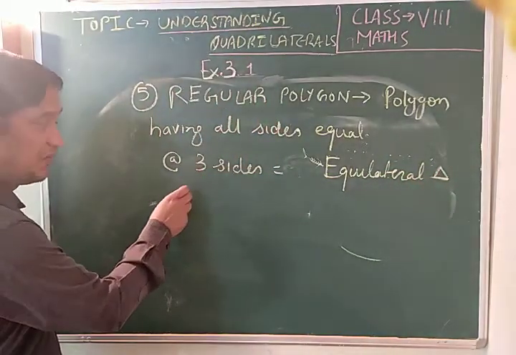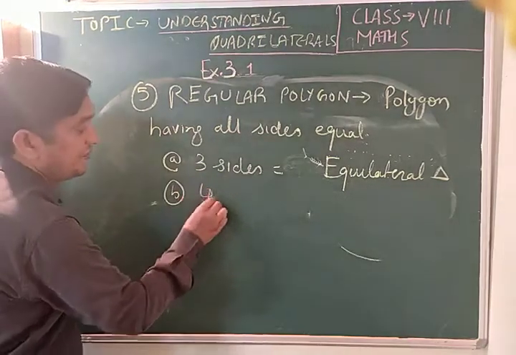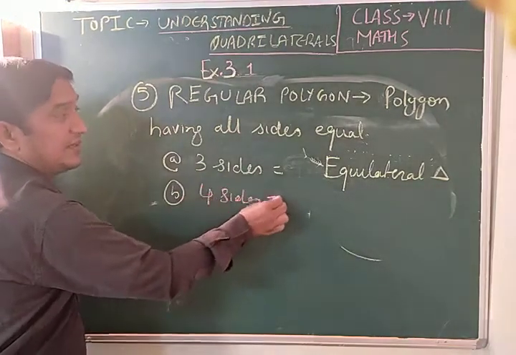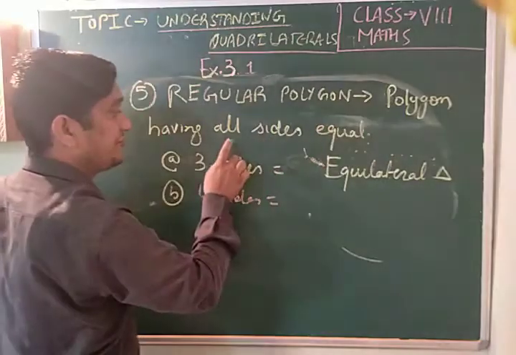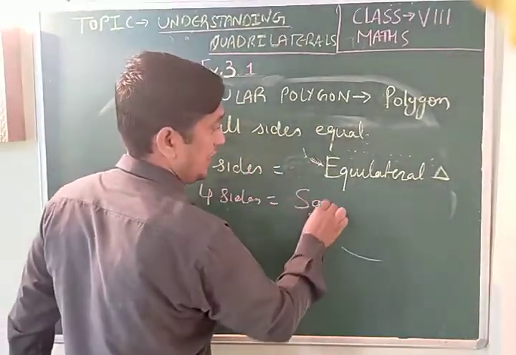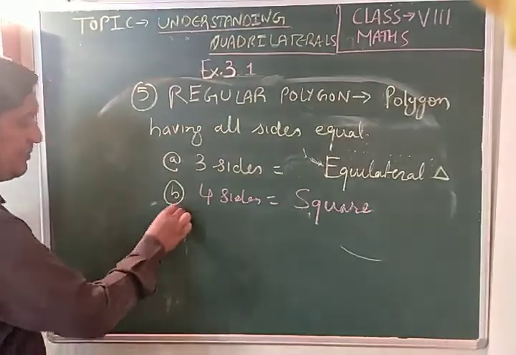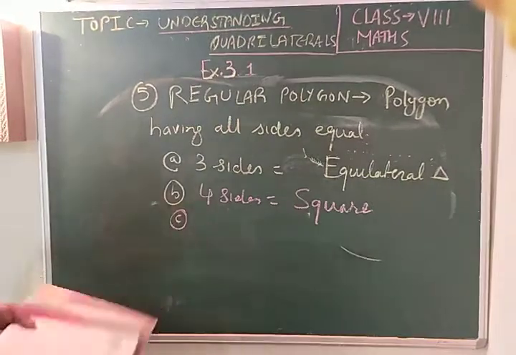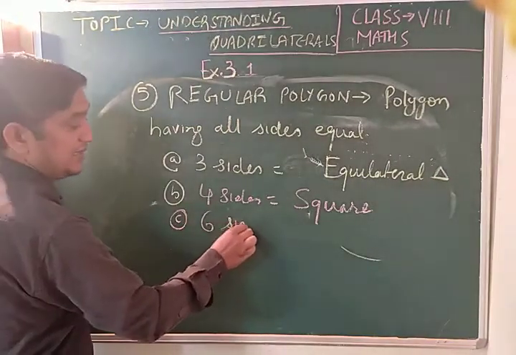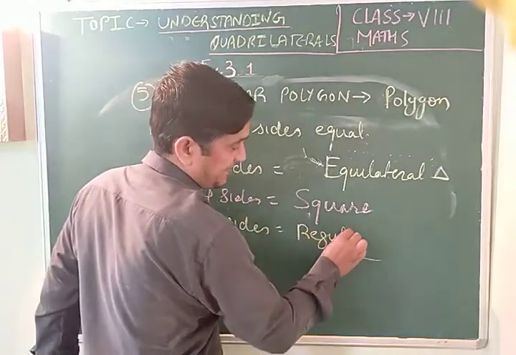All 3 sides equal. Then B part, 4 sides. If a polygon has all 4 sides equal, it becomes a square. C part, 6 sides. If all the 6 sides are equal, it is called a regular hexagon.